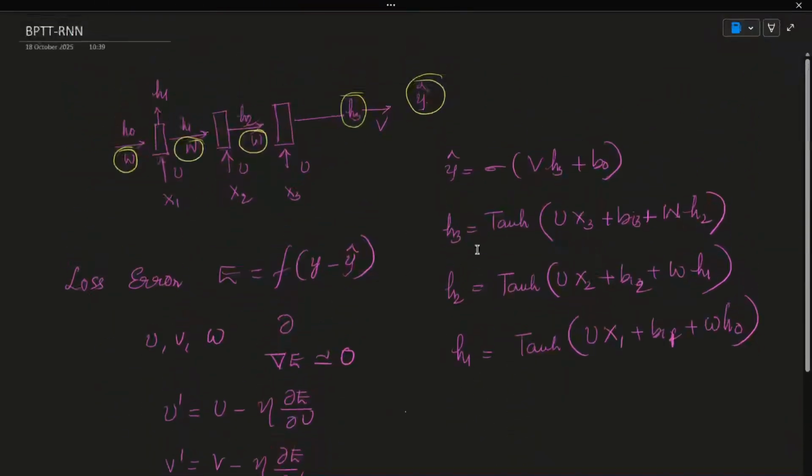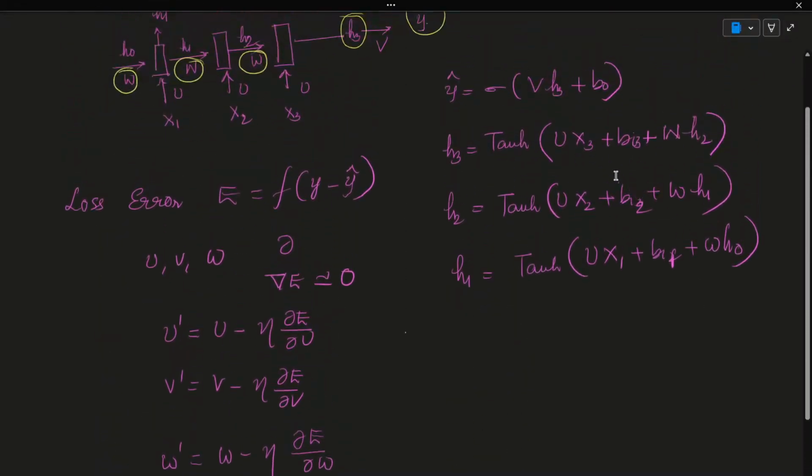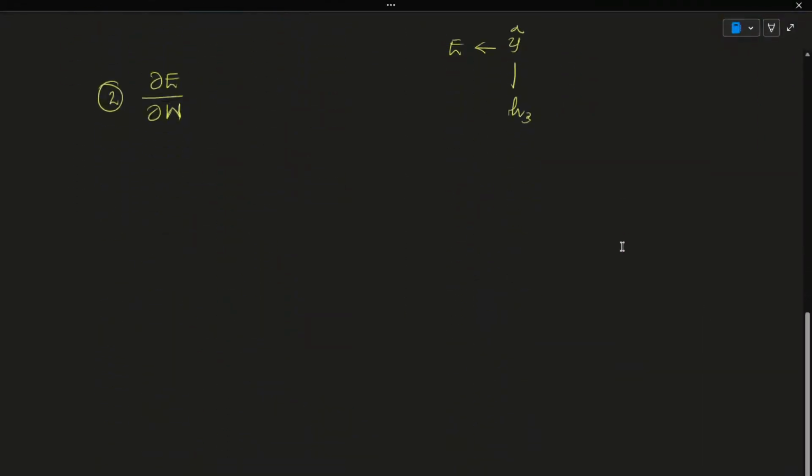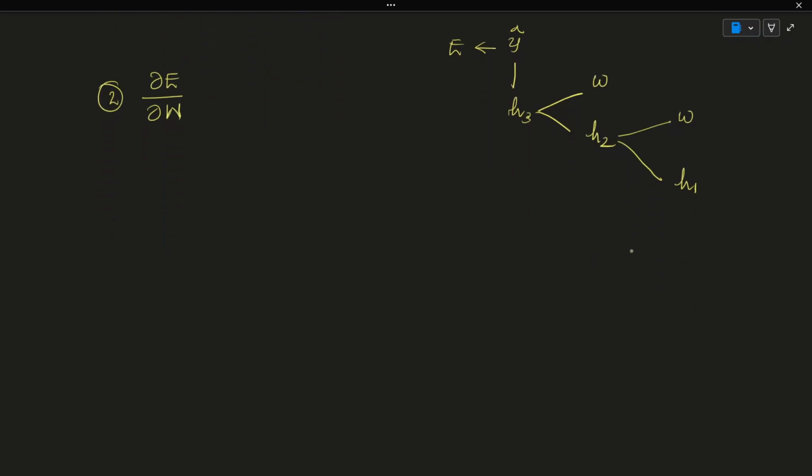And h3 is calculated from W and h2. Because in a partial derivative, I am considering all the other things as constant. So h3 depends on the weights and h2. And h2 depends on the weight W and h1. H1 depends on the weight W and h0.